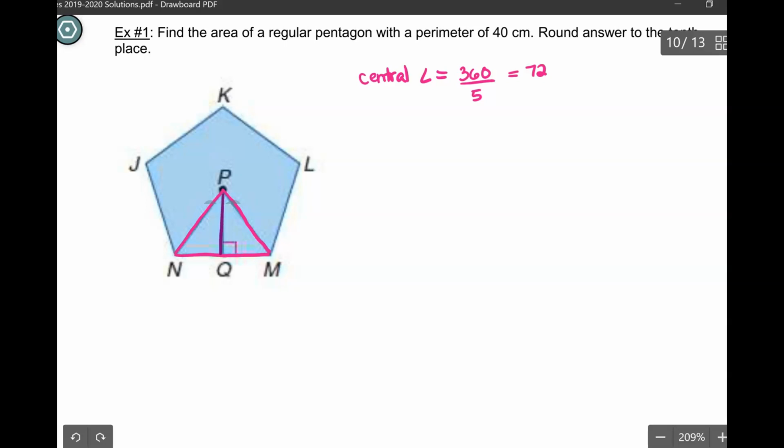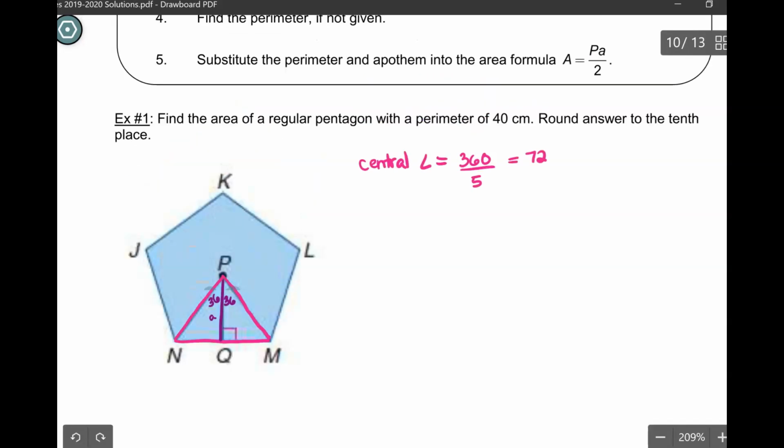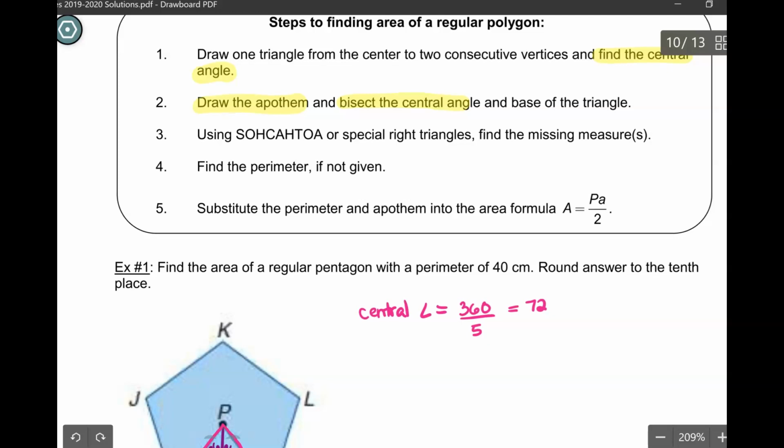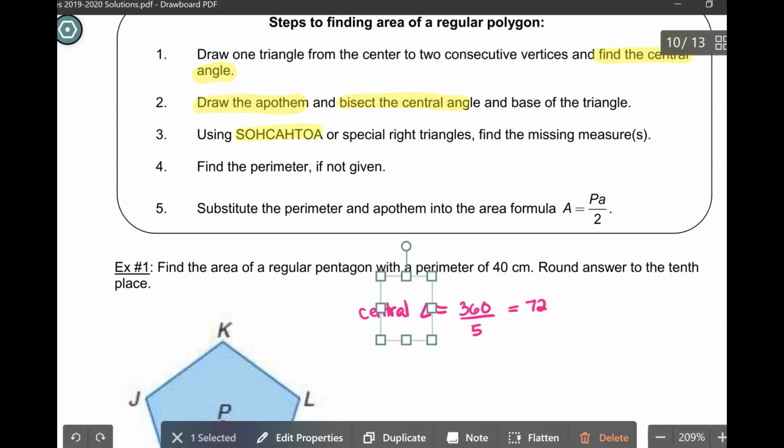I'm going to put an A here, and this is going to be 36, and this is going to be 36. Remember, the 72 is cut in half. Then, using SOHCAHTOA or special right triangles, we find any missing measures.